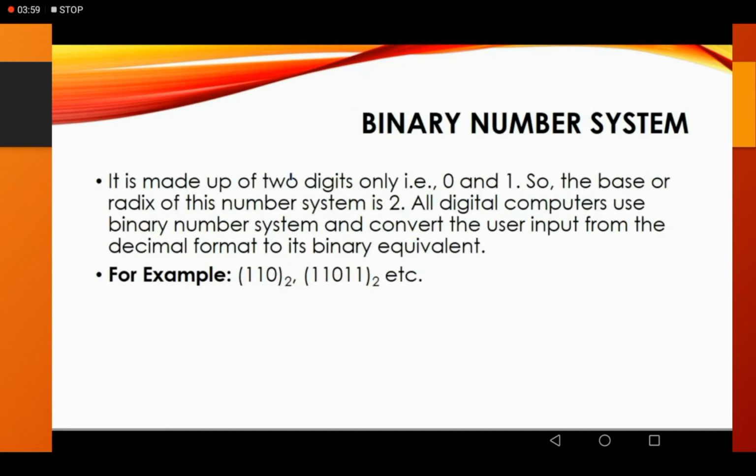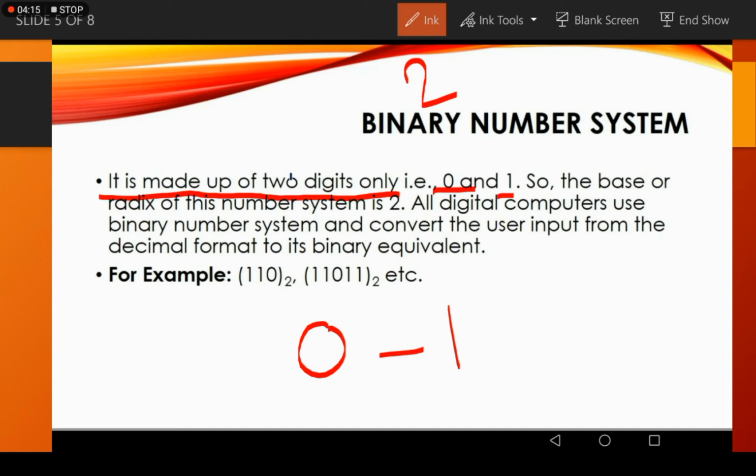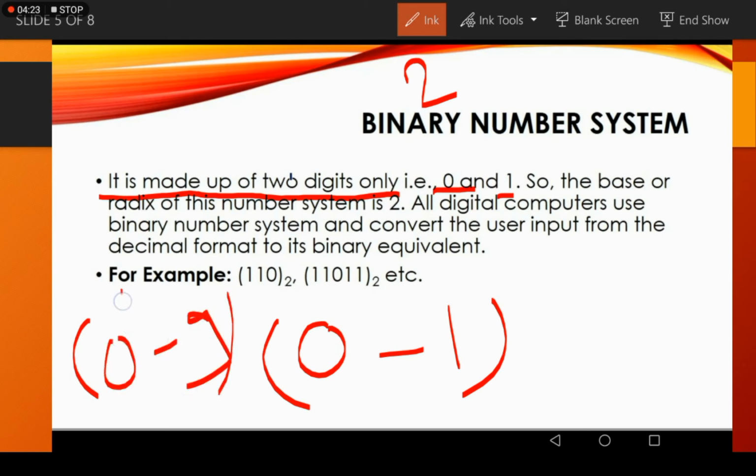Next, binary number system. Binary means 2. So it means it is made up of 2 digits, only 0 and 1. Binary number system is from 0 to 1, as decimal is from 0 to 9, 10 digits.